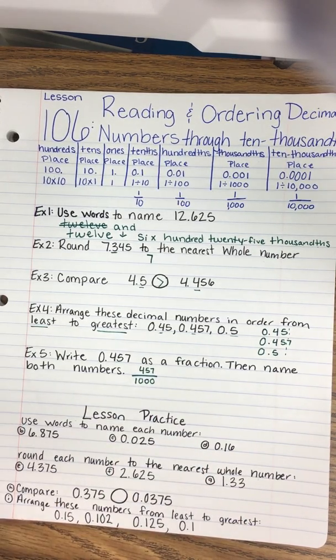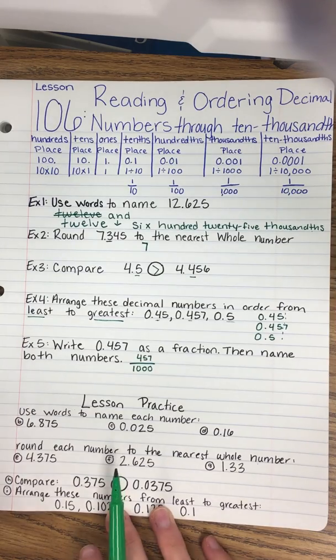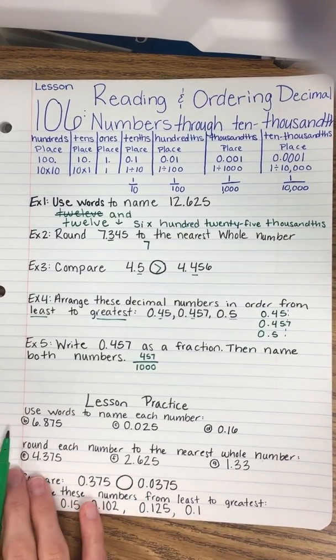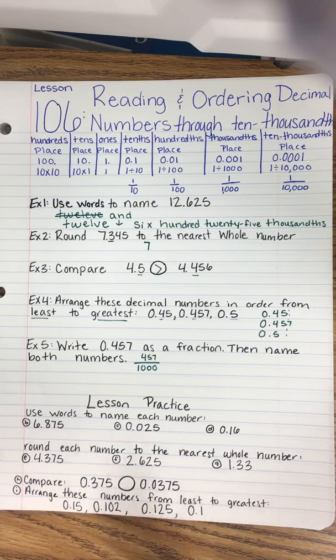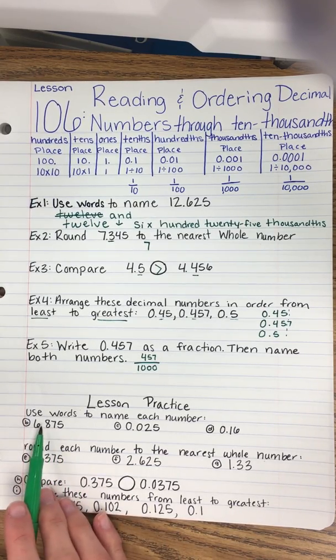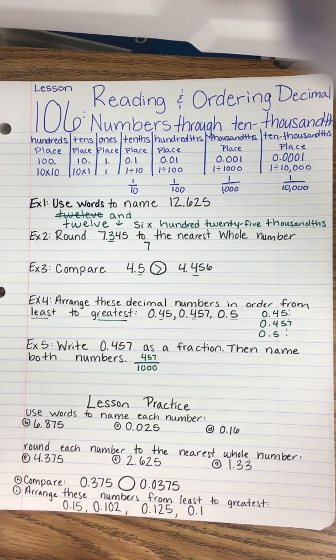Okay, and then for lesson practice down here, I don't have A because you'll have to do A for homework because I'm not going to draw out all the coins, but I do have B through I, and you'll have to do J for homework because I couldn't fit it on here. Use words to name each number.